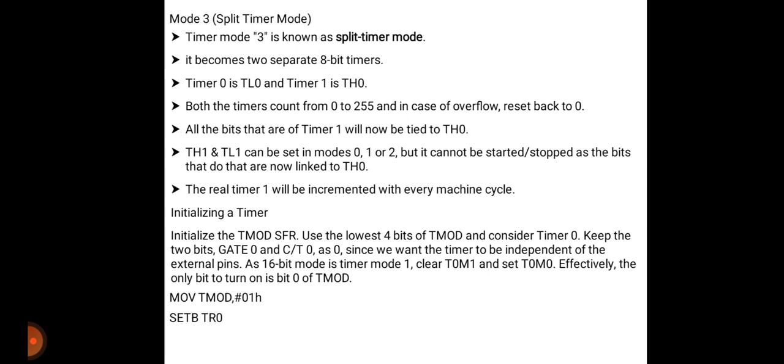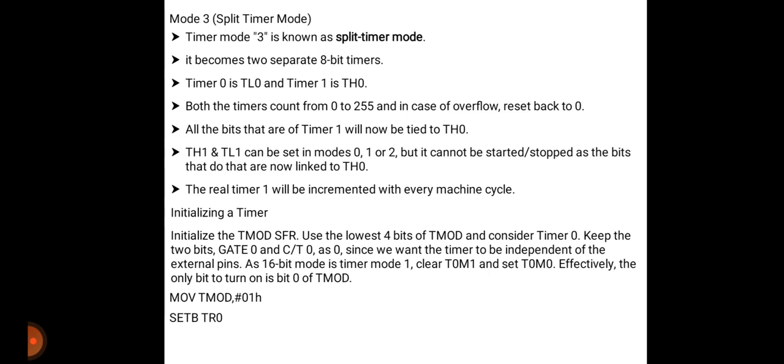Then how can we initialize the timer? First of all, decide the timer mode in which you have to use the timer. Then consider a 16-bit timer that runs continuously and is independent of any external pins. So initialize the TMOD SFR, the special function register, and use the lowest 4 bits of TMOD for timer 0.